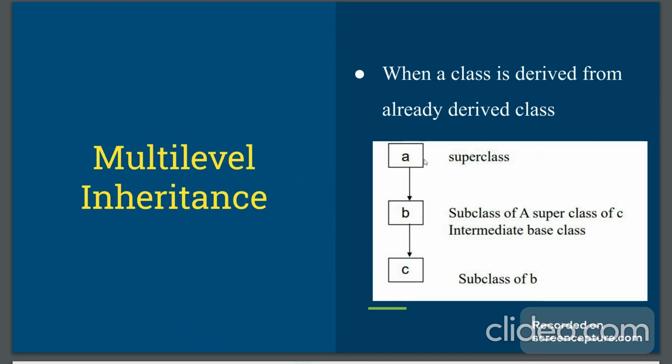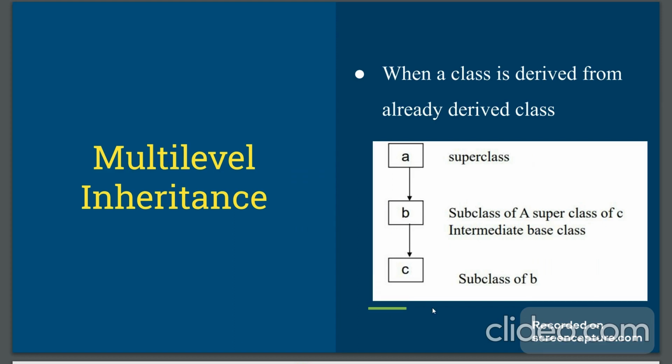Now here if you can see, C is derived from B, whereas B is already a derived class from A. So all the members of A class will be accessible in the B class directly, and all the members of B class are accessible in the class C directly. So for C, B is the base class, but for A, B is the derived class.